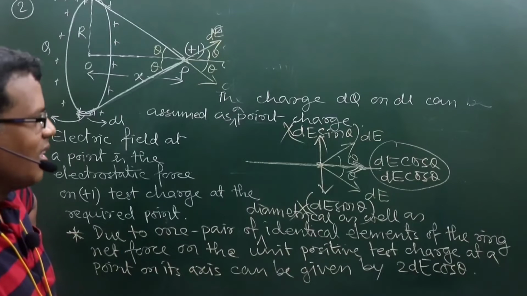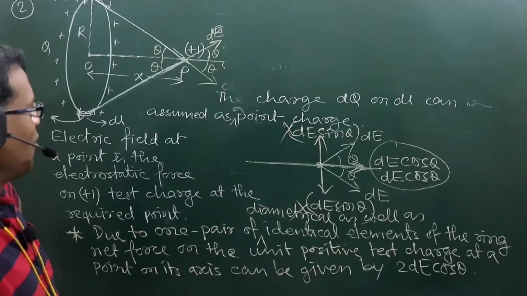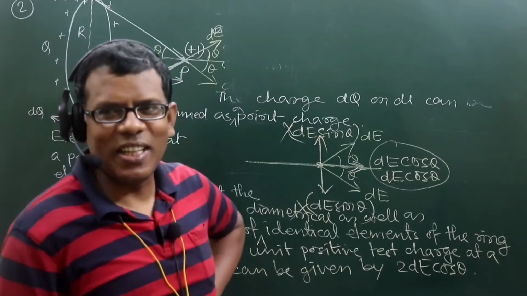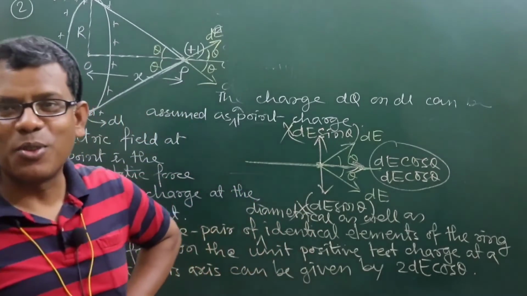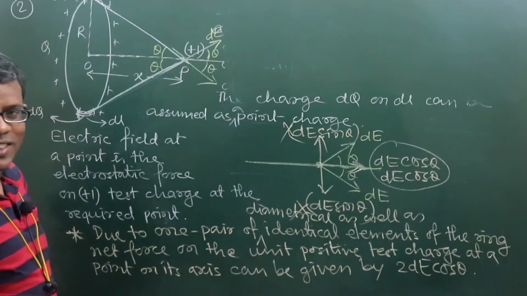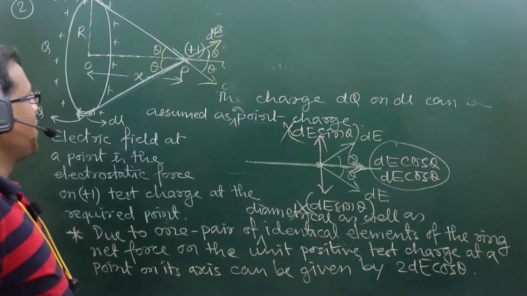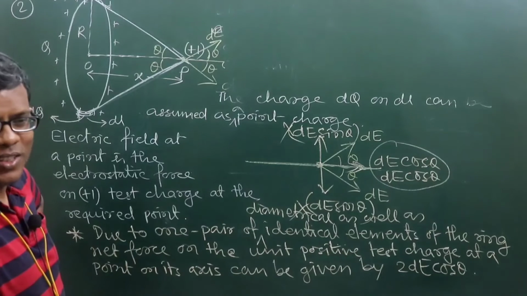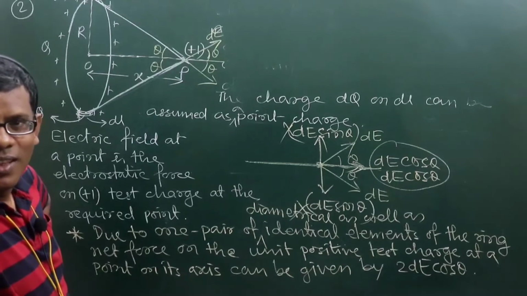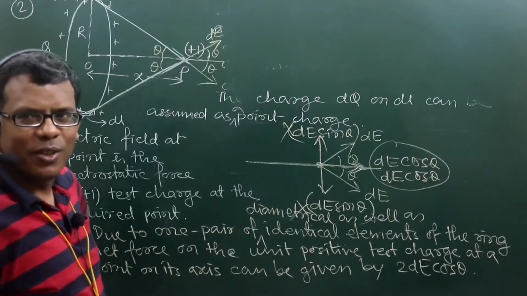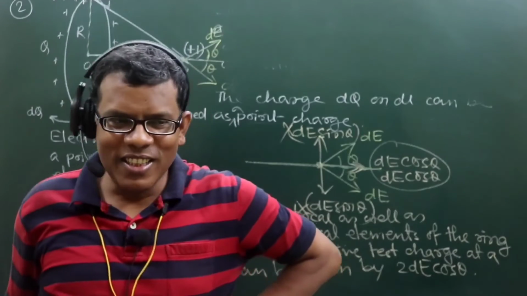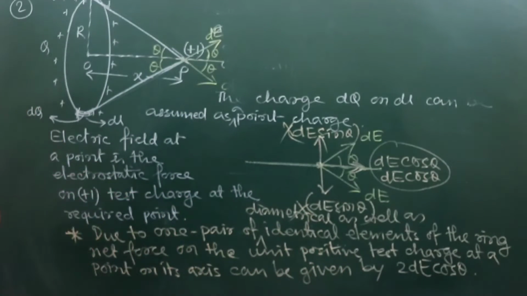Sometimes knowledge does not get restricted with the chapter. We are talking about electrostatics, but it comes to mathematical logic. If you understand the mathematical logic, then you can understand what we are supposed to do in the next step. That's why mathematics is called the language of physics.